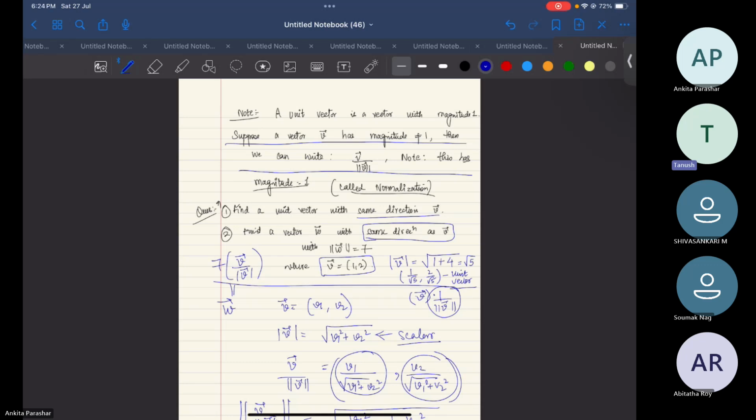Ma'am, there is a question in this assignment that we have, to find the area of a triangle. The coordinates have been given in three-dimensional space, so three coordinate points have been given.